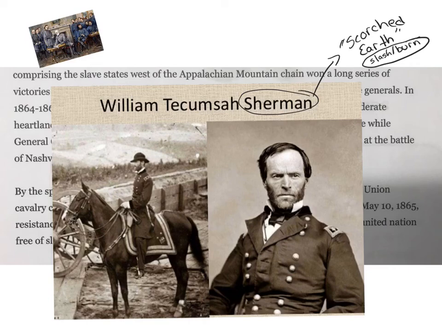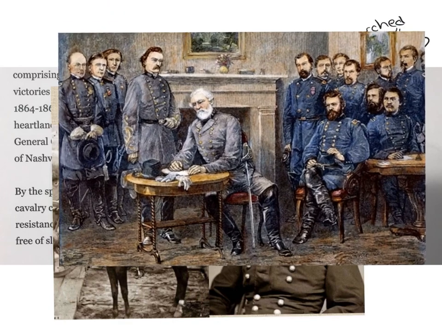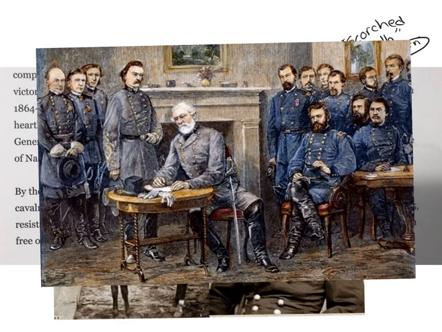The second thing to note on this page is Appomattox Courthouse. So this is Appomattox Courthouse. Over on the right, we have Grant. And over on the left, signing concede or defeat is Lee.